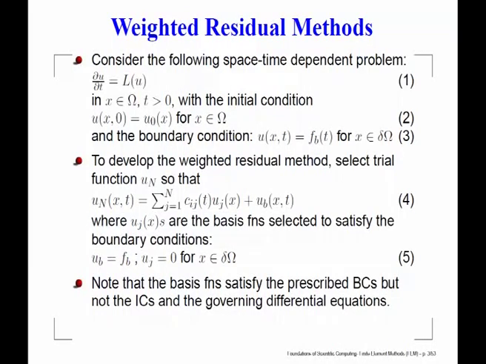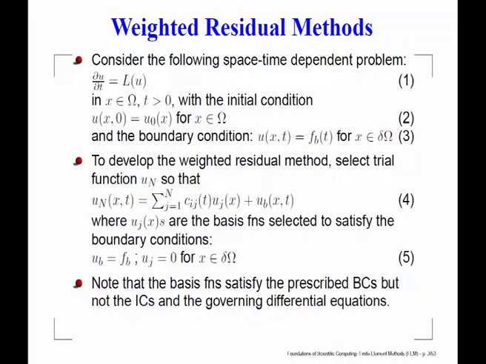And let us say this talks about a one dimensional problem for simplicity. x belongs to a domain omega, and the problem starts at t equal to 0. So, you are interested in finding out the solution evolution, and the initial condition is given by u0 defined everywhere, and in addition you would have the boundary conditions like what you did in your second assignment. You have a time dependent boundary condition at the boundary defined as delta omega.